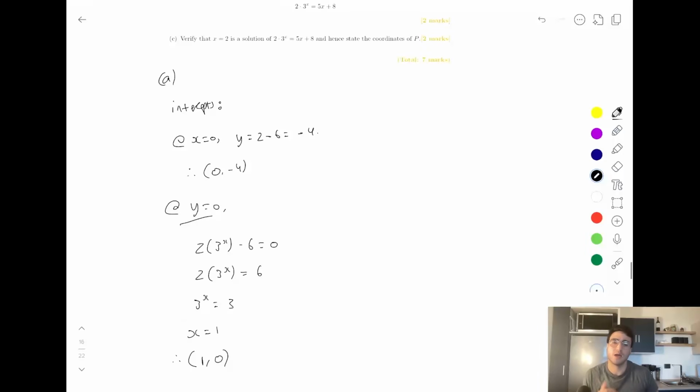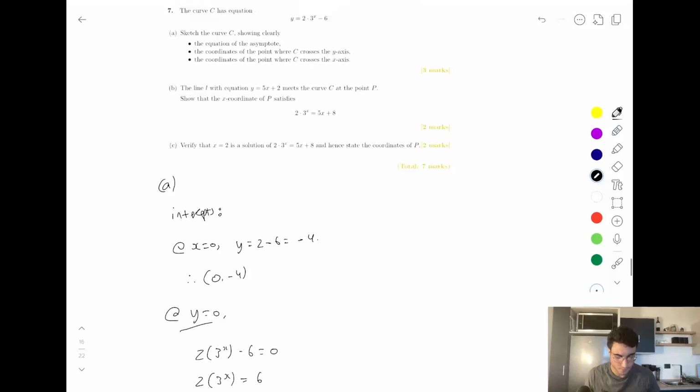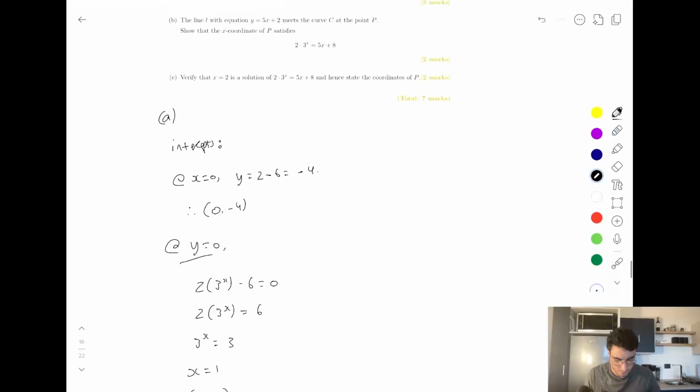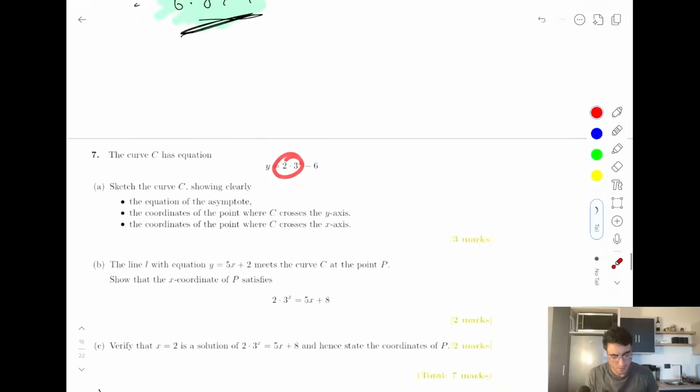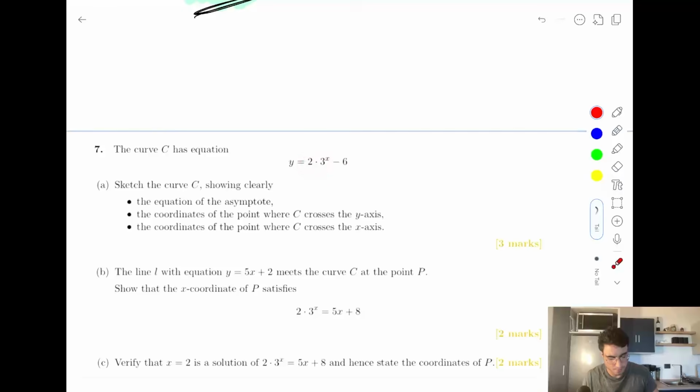What about our asymptote? Well, remember what our normal asymptote was before. Our asymptote before was y is equal to 0. We can never approach y equals 0 normally. That is for this. So if we take away the 6 for a second, the asymptote for 2 times 3 to the x is y equals 0.